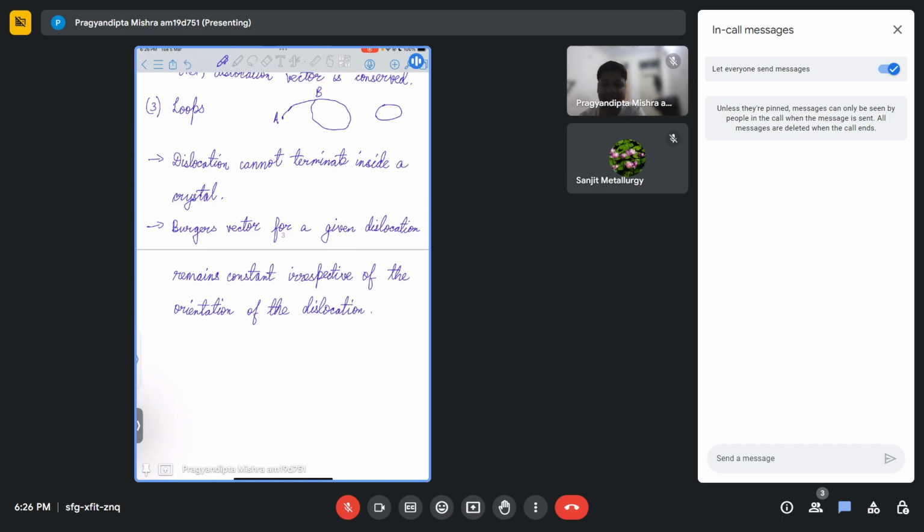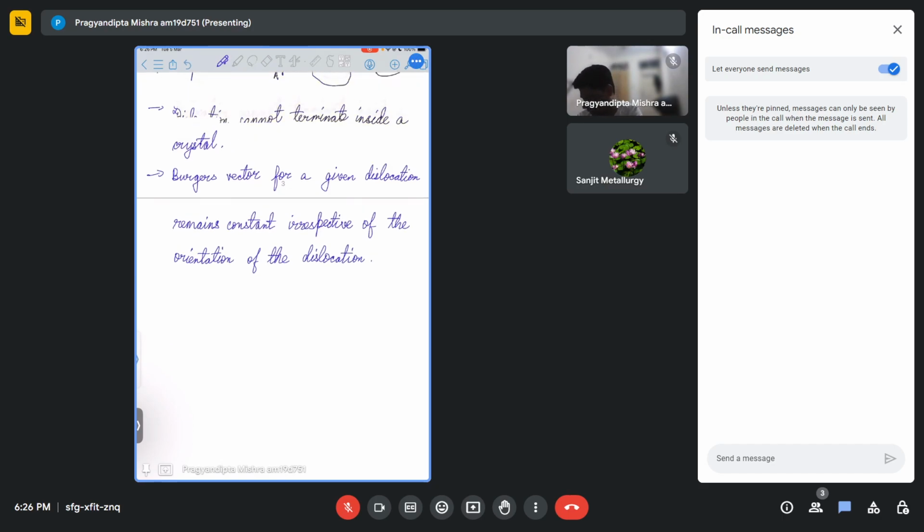The moment the Burgers vector changes, it means that the dislocation has ended, and a new dislocation has started. Either it has branched out, formed a loop, or something has happened. So these are some of the ways in which a dislocation can terminate.